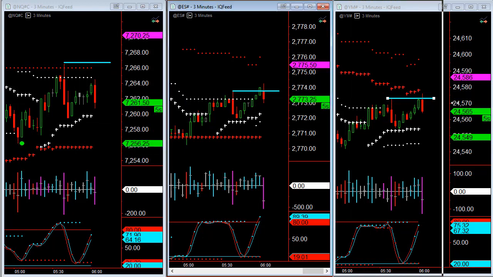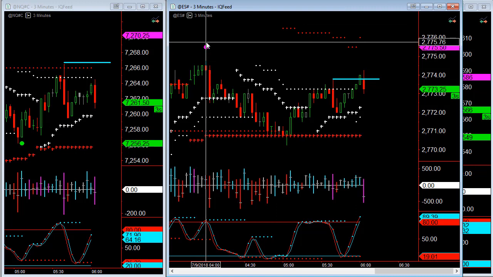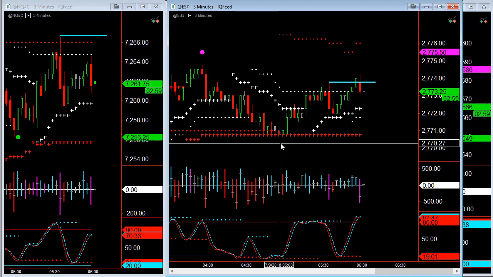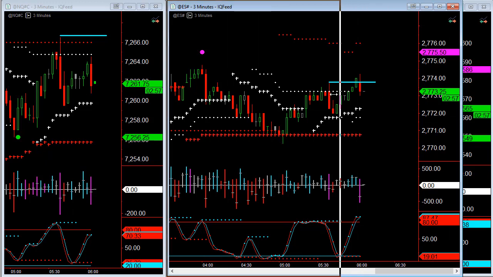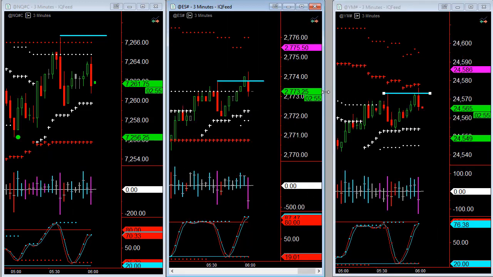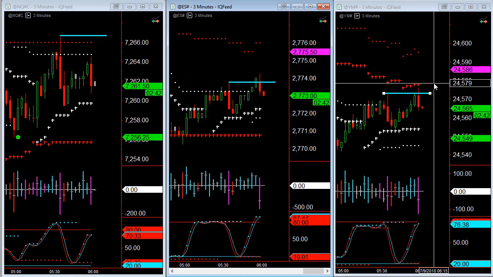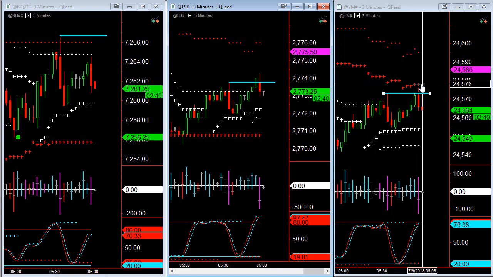I believe on the ES, yeah, you had divergence to the downside, and it just plots a dot to let you know that you had divergence. But these are really simple ways to identify trade setups if you can read the volume using the directional volume indicator, read divergences using the stochastics, and identify the support and resistance by using the ATRs.